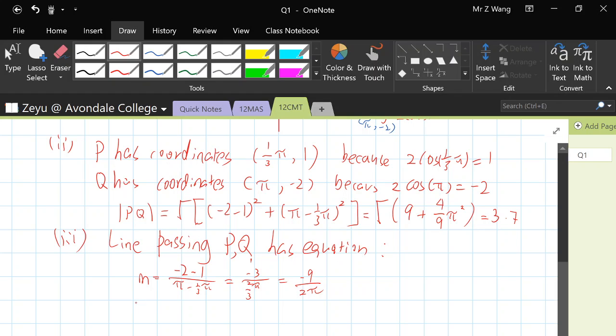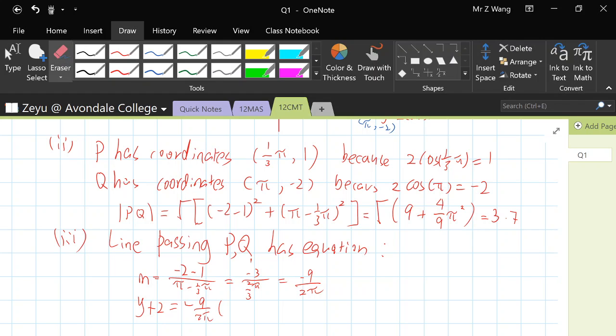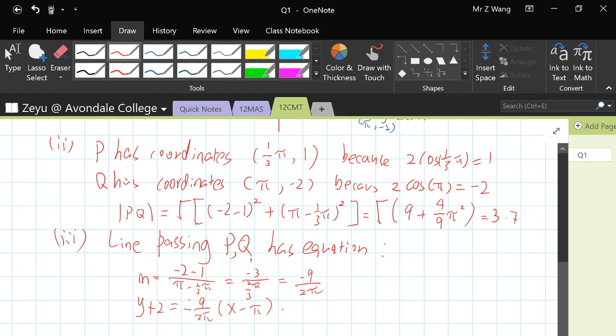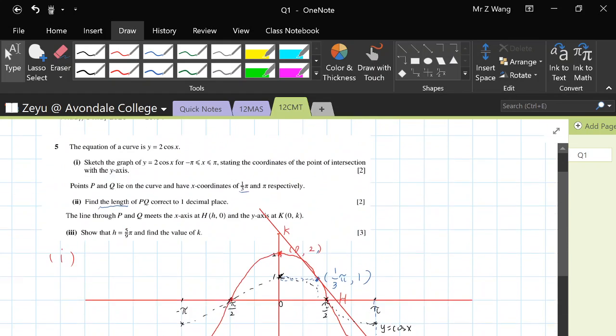So the equation is y plus 2 equals minus 9 over 2 pi times x minus pi.